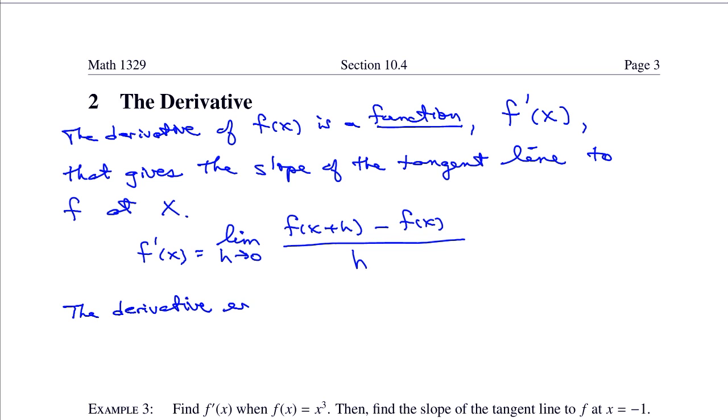The derivative exists if this limit exists. You can run into scenarios where the limit does not exist, and if the limit does not exist, then the derivative does not exist at that point.